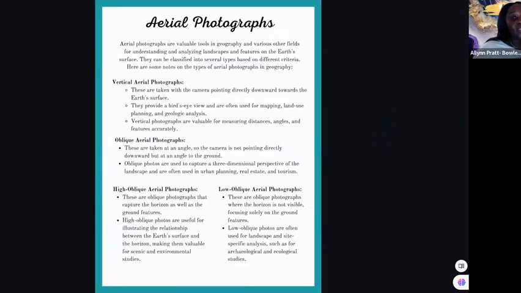So then we also need to know a little bit about aerial photographs, and it's a really awesome tool in geography. Aerial photographs are reliable tools in geography that you normally see on your exam, but you don't really call them aerial photographs. Some people call them diagrams, they call them sketch maps, and so on.